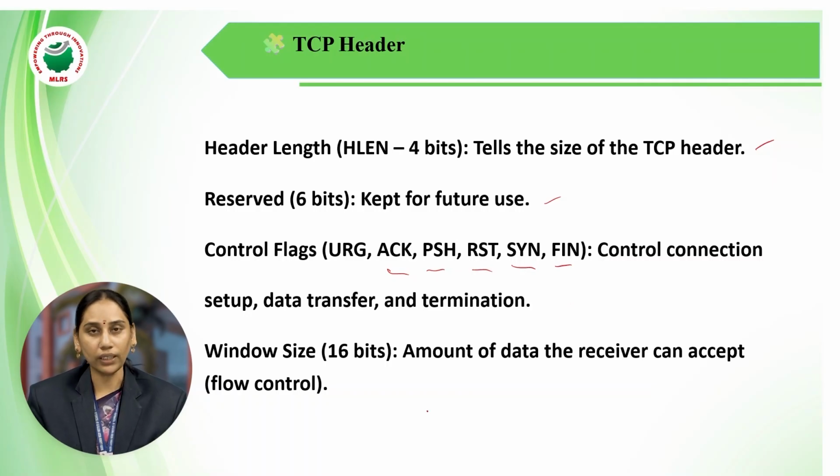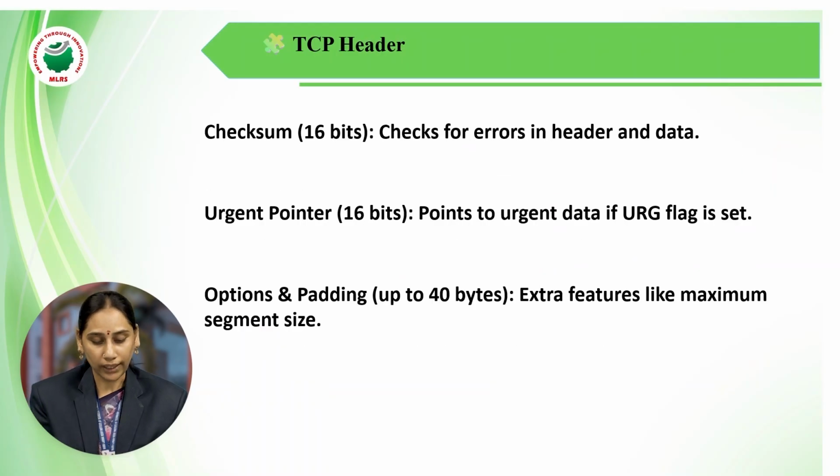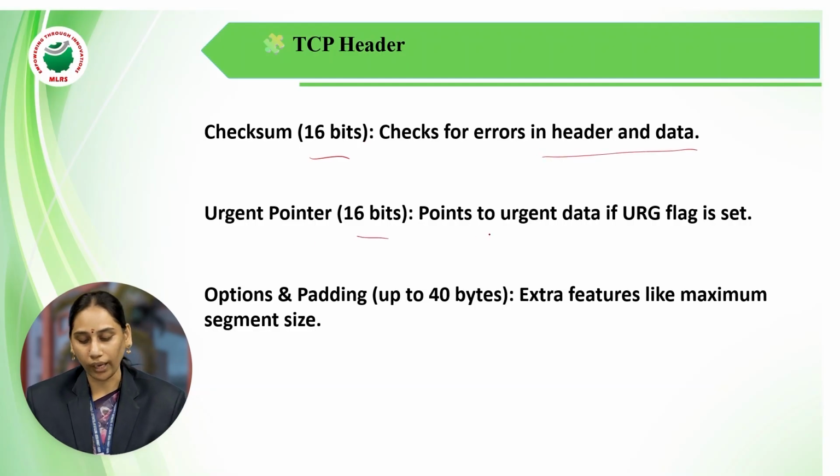Window size occupies 16 bits, the amount of data the receiver can accept, for flow control. Next, checksum occupies 16 bits, checks for errors in the header and data. Urgent pointer is 16 bits, points to urgent data if the URG flag is set. Options and padding are up to 40 bytes. Extra features like the maximum segment size.